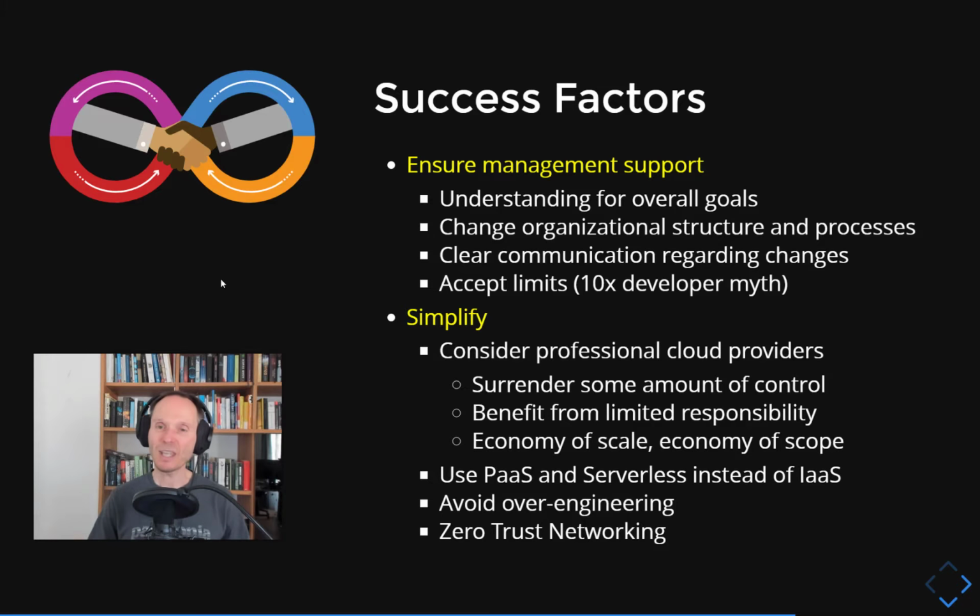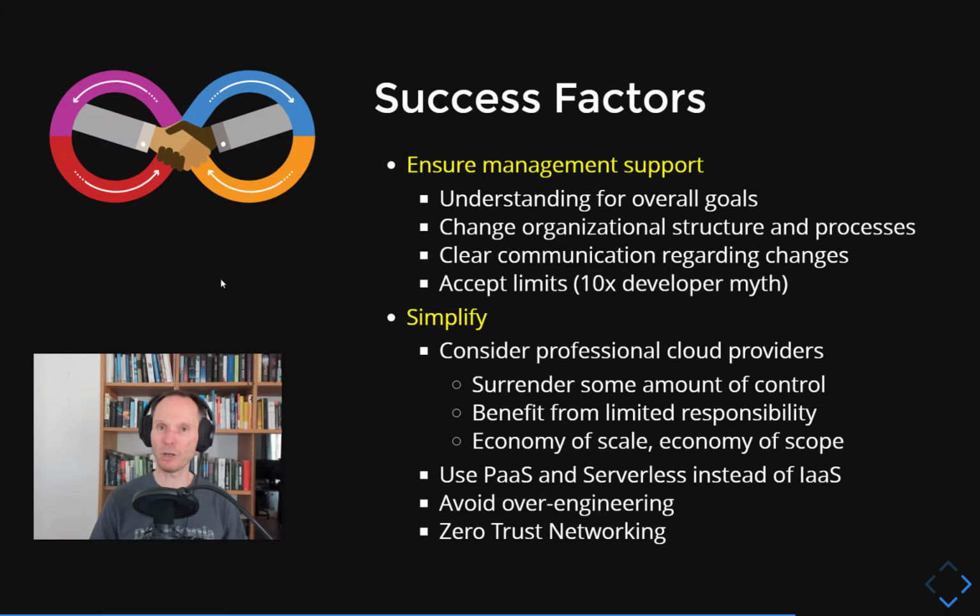With that, we can free valuable resources and put them into the new challenges that come up when we live in the cloud-native world and have to deal with security and zero trust. Also, moving from an infrastructure as a service approach towards a platform as a service and serverless approach.